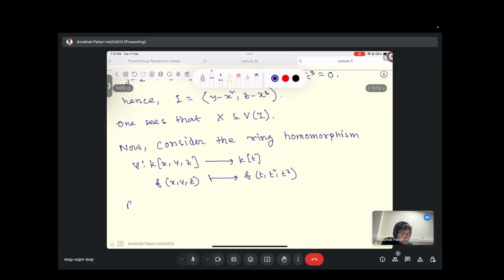Now in the last tutorial session, this is a surjective map, right? You can take just any polynomial in k[x] and you will recover all the polynomials from k[t]. So this is a surjective map.